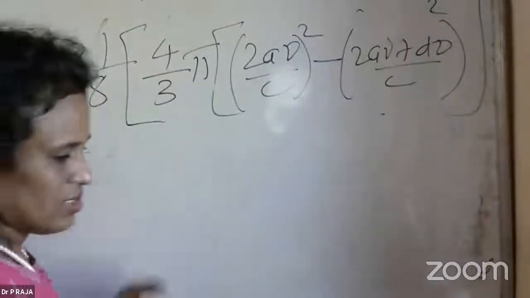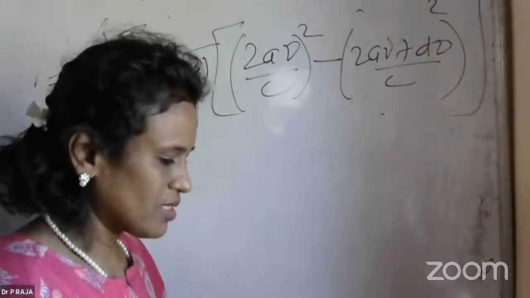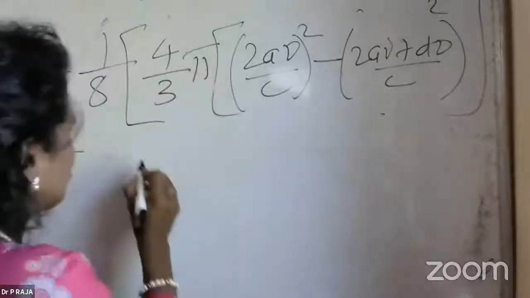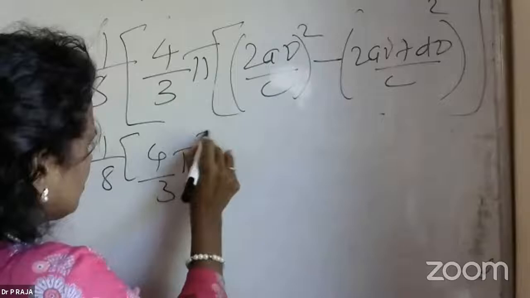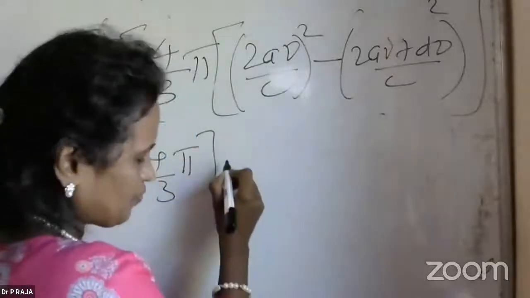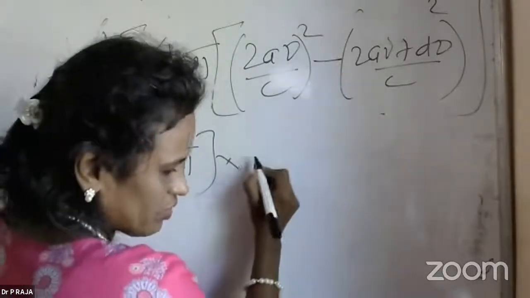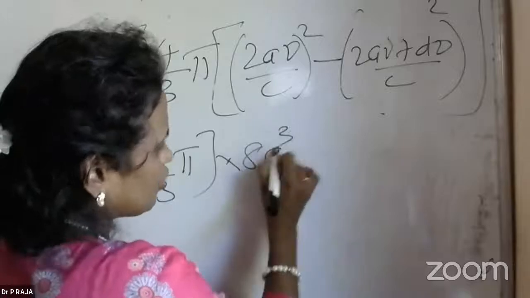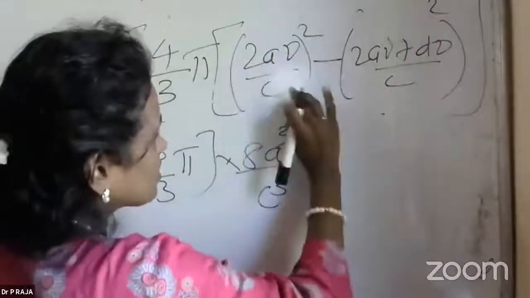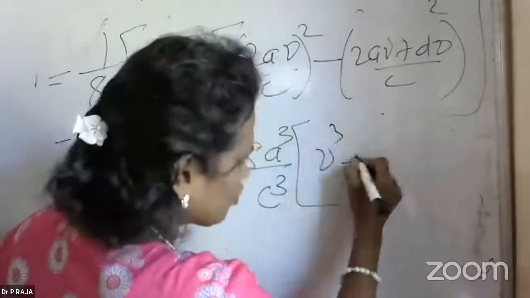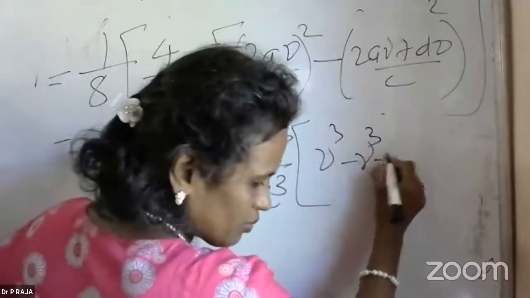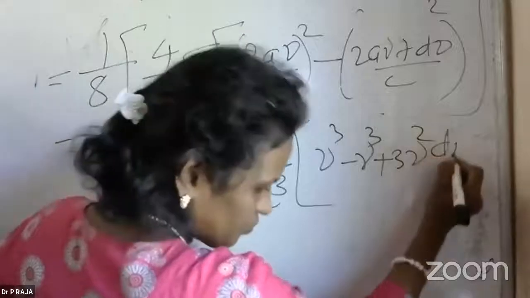Then do all the mathematical part, and it will become 1/8 into 4/3 pi into 8a cube by c cube, which is constant and will be taken outside. You are left with nu cube minus nu cube plus 3 nu square d nu.